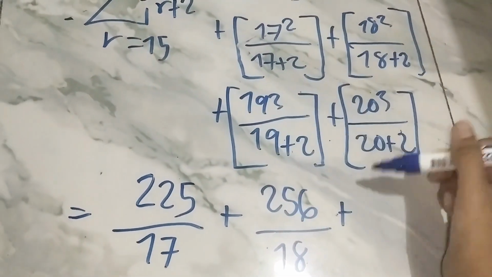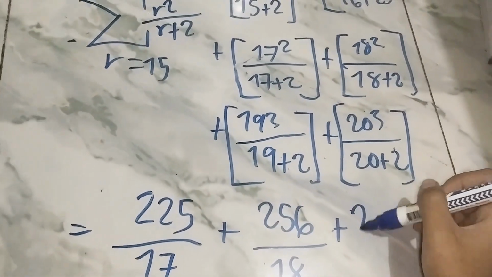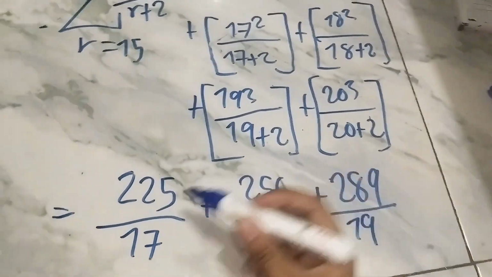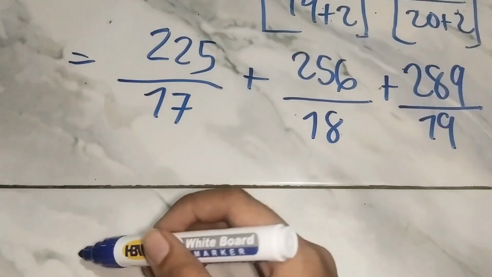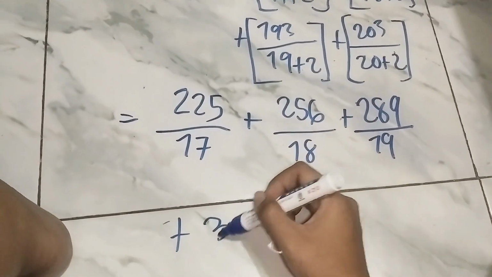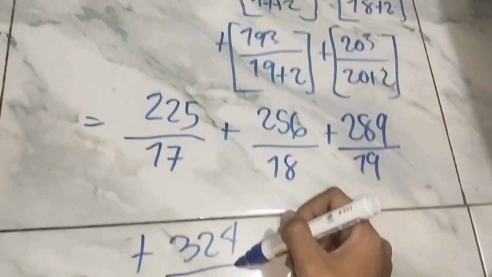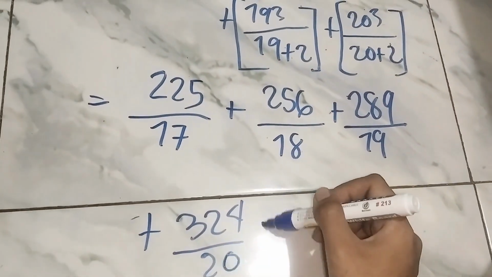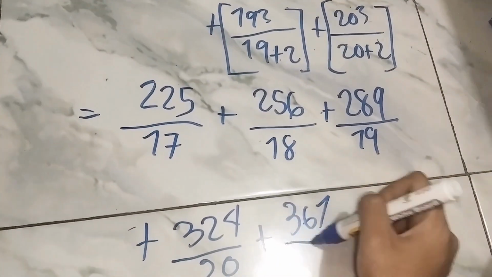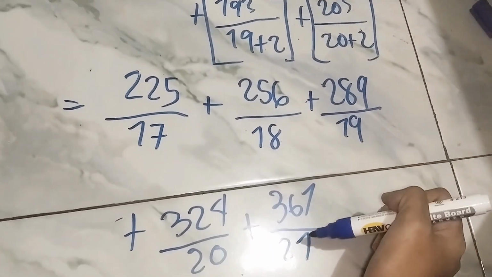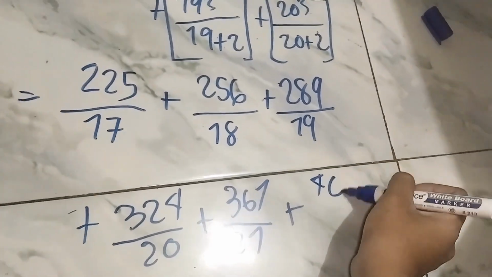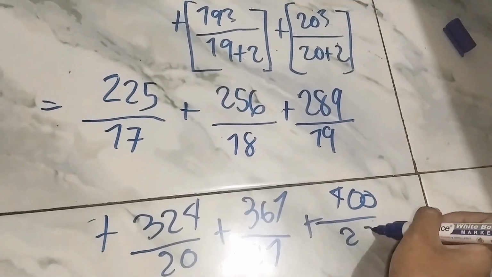Then next, 17 squared, we have 289 over 17 plus 2 is 19. Plus 18 squared is 324 over 20, plus 19 squared, 361 over 21. And lastly, the 20 squared, we have 400 over 22.